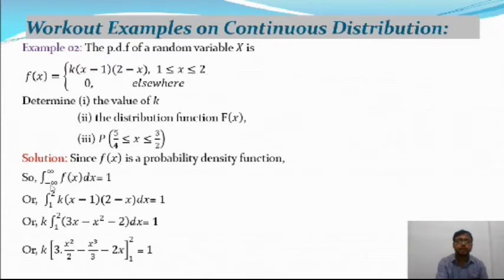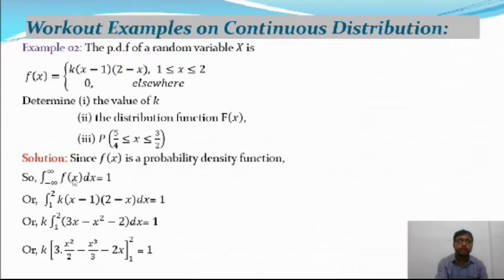So this integration is divided into three parts: minus infinity to 1 f(x) dx, 1 to 2 f(x) dx, and 2 to infinity f(x) dx. In the first integration, minus infinity to 1, the probability density function gives 0, and in the interval 2 to infinity it also gives 0.